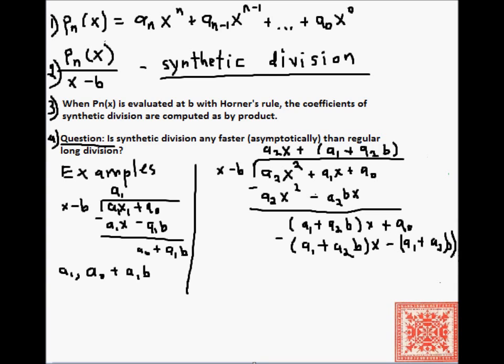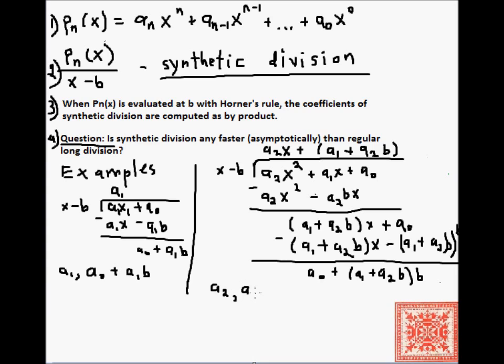After the subtraction, (a1 plus a2b)x will be subtracted out, and we're going to get a0 plus (a1 plus a2b) times b.